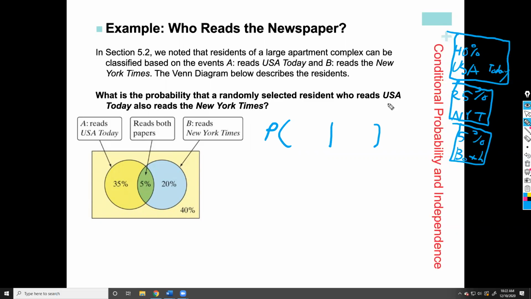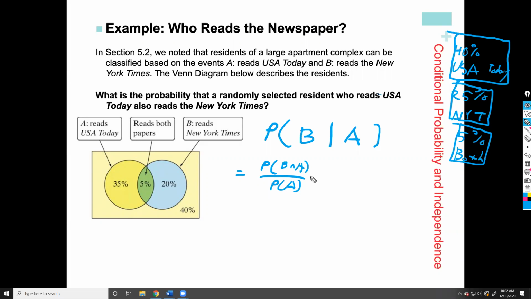So given USA Today, what is the probability that they also read the New York Times? So we're finding the probability of New York Times given USA Today. In probability notation, it's going to be the probability of B and A over the probability of A.